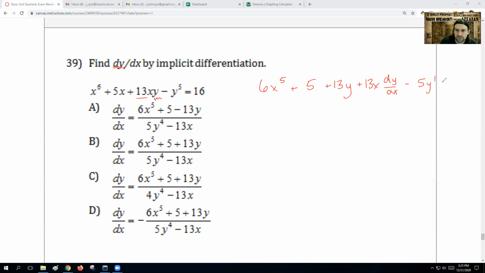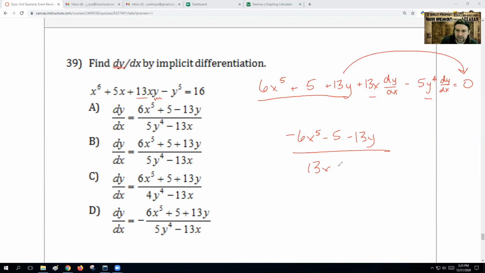That'd be 5y to the 4th dy dx, and that would equal 0. So just like the other one, we're going to move these all over to the other side and divide by that, so everything would be negative. Negative 6x to the 5th minus 5 minus 13y, over 13x minus 5y to the 4th. If we want to make these all positive, we switch the order. So it looks like B would be the choice here.